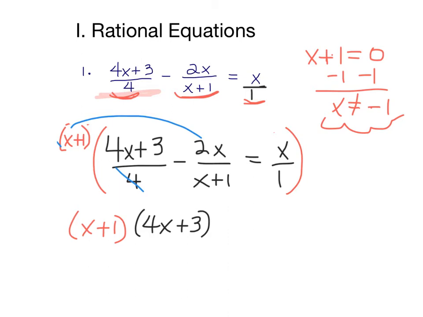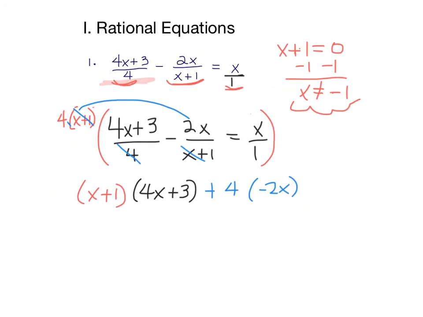So then the only thing I need to multiply is 4 times that negative 2x. And then the last fraction is missing the whole thing. So I need to multiply x times the 4 times the x plus 1. So then 4 times x is 4x, and then x plus 1.